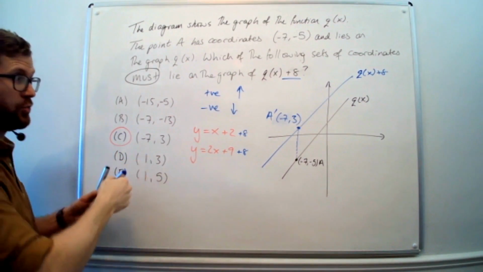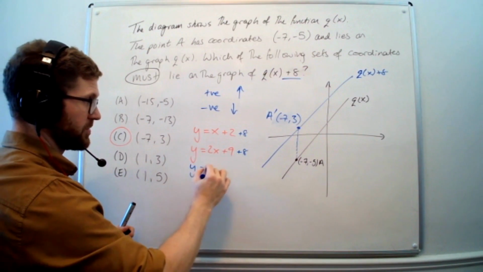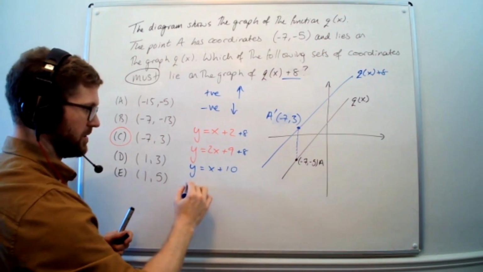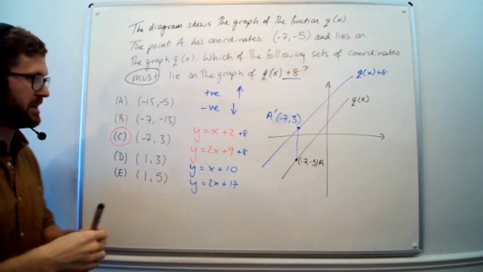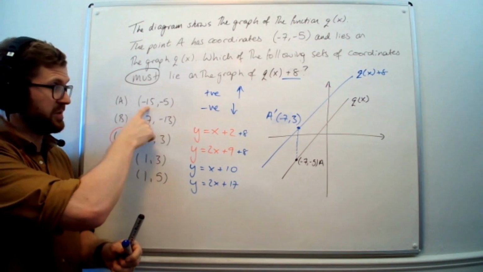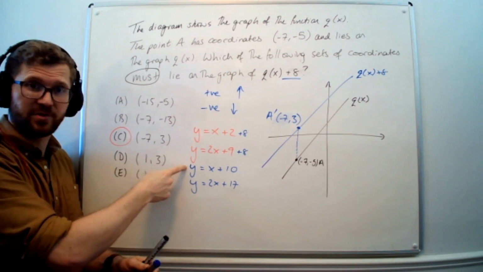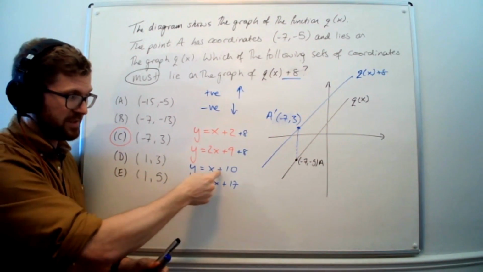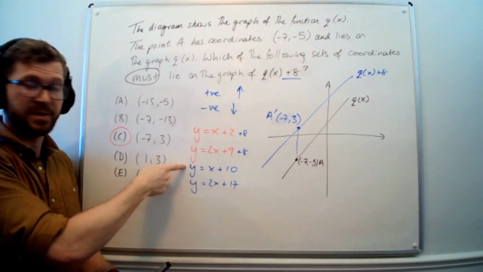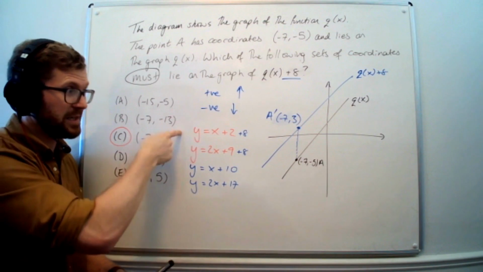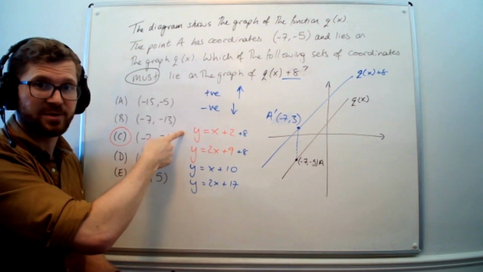And so the new equations would be y equals x plus 10 or y equals 2x plus 17. Now, if I put the x value of -15 into this first equation, I'm going to get -15 plus 10, well, that's -5. So the point A would be on this new line if the black line was y equals x plus 2.